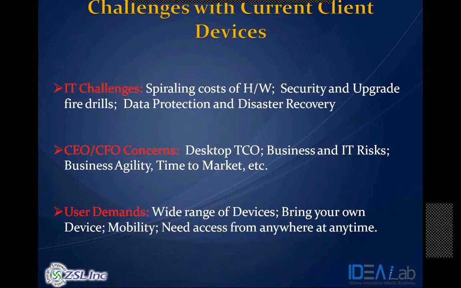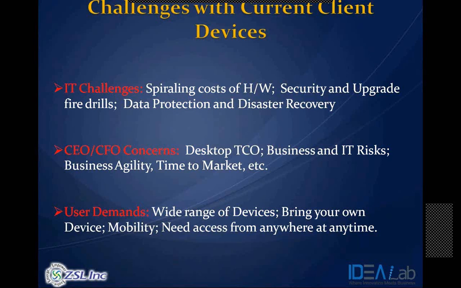And also business and IT risk. That's just like I talked about, disaster recovery and data protection, and data leaking out from people's laptops and notebooks. People lose laptops, people lose notebooks when they're traveling, or they're just plain stolen from people's desktops. So how do you manage that?